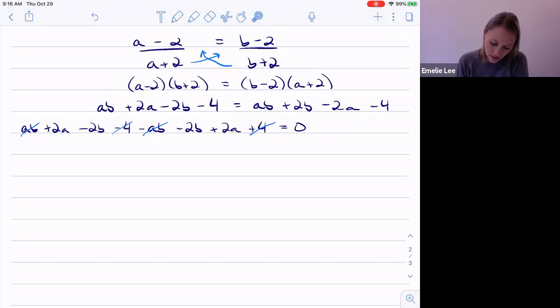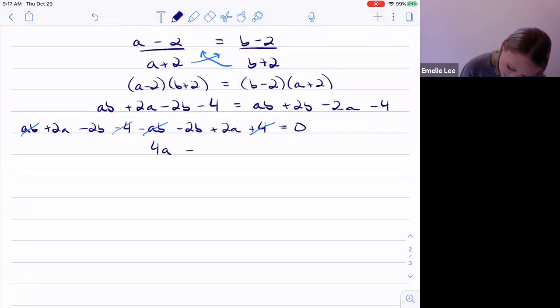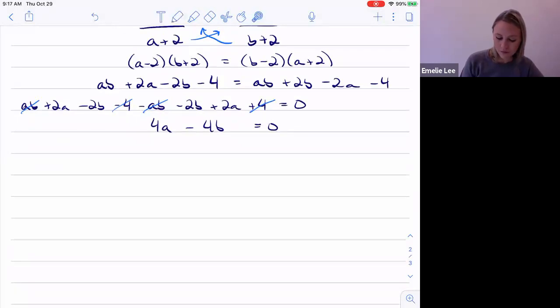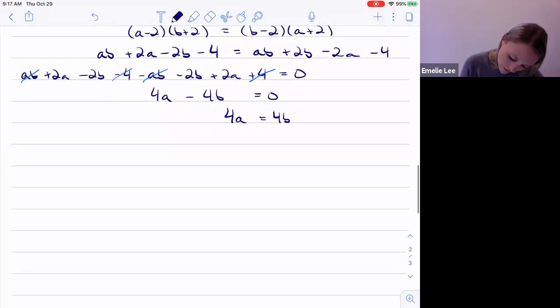Looks like I have 2A plus 2A, so that's going to be 4A. And then minus 2B makes minus 4B. So I have 4A minus 4B equals 0. I'm going to move this minus 4B over to the right-hand side, so I get 4A equals 4B.